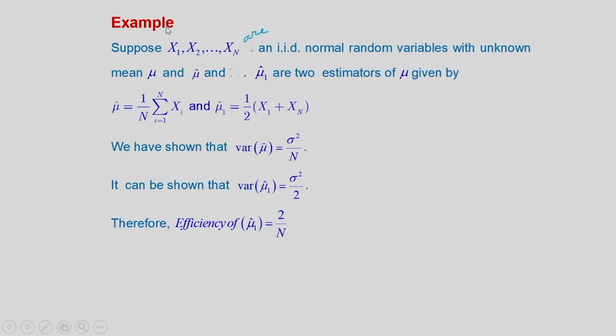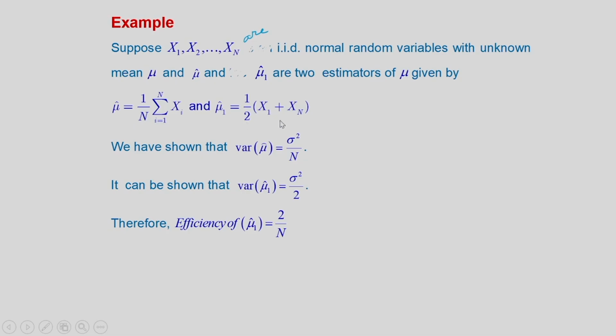We will give another example. Suppose x1, x2 up to xn are IID random variables with unknown mean mu, and mu hat and mu 1 hat are two estimators of mu. mu hat is the sample mean as usual, and mu 1 hat, suppose we define, is equal to half of x1 plus xn.